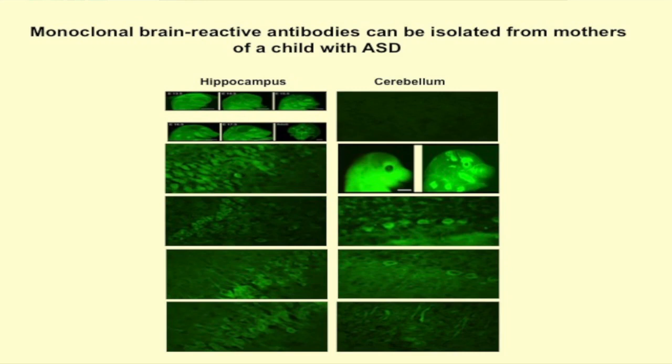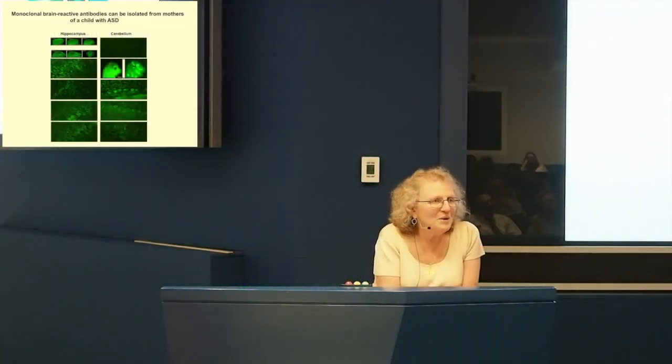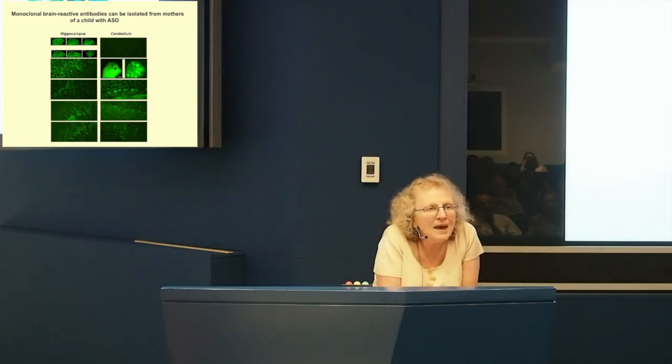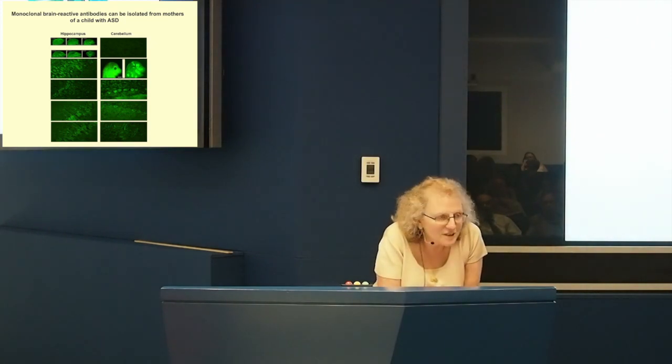What Lior Brimberg, who's here in the audience, did was devise a methodology where we could pull these brain-reactive B cells out of the peripheral blood of a mom. So they're less than 1%.